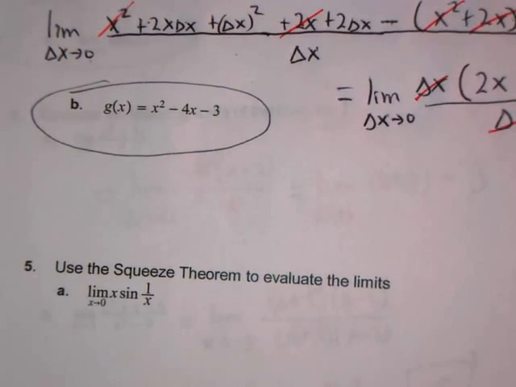All right, the last thing we have in this section is something called the squeeze theorem. I'm going to draw you a picture. Here's what the squeeze theorem says in words, and then I'll draw you a picture.